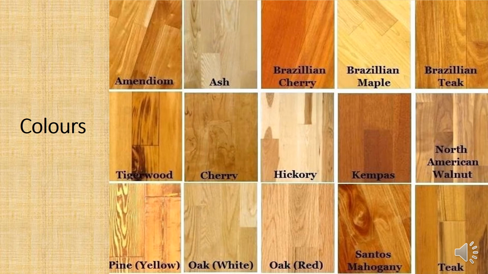Others are much slower growing trees, things like teak or mahogany, and so the grain is a much swirlier pattern, and that can give you a different look too. It's got this sort of marbly look to it, which I think is very attractive.